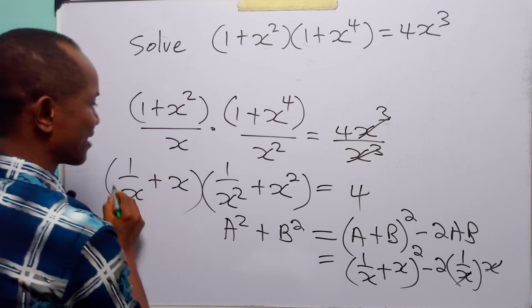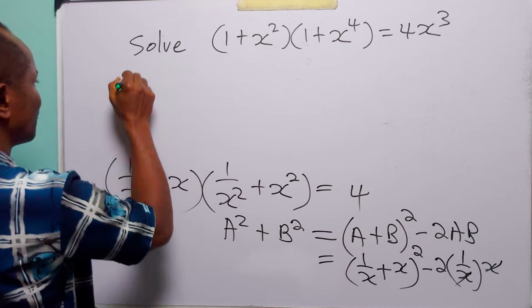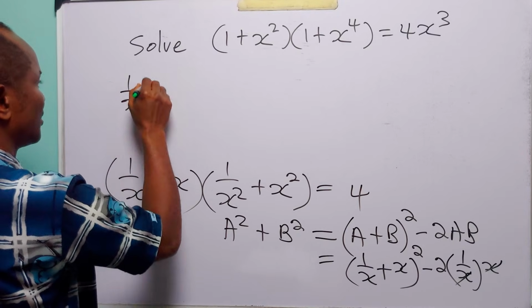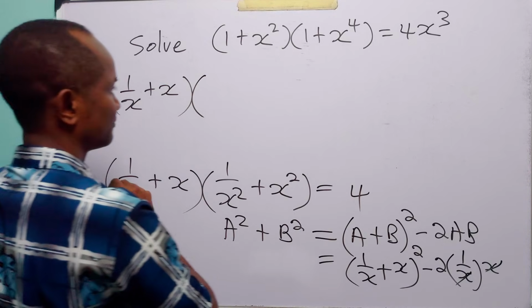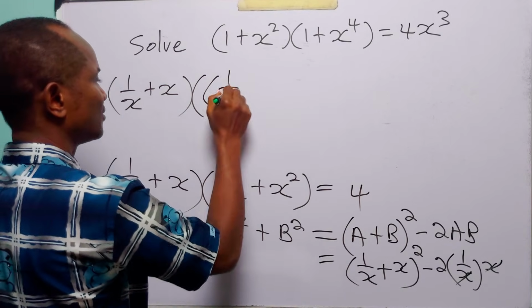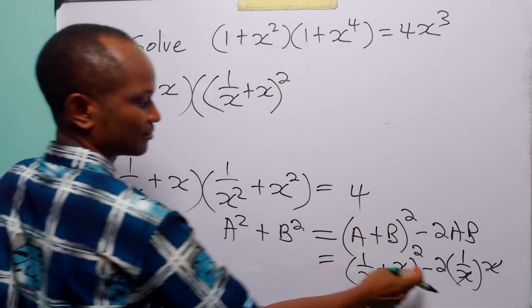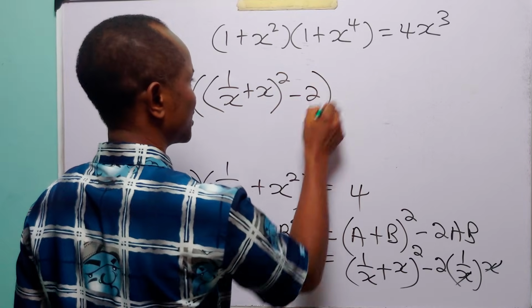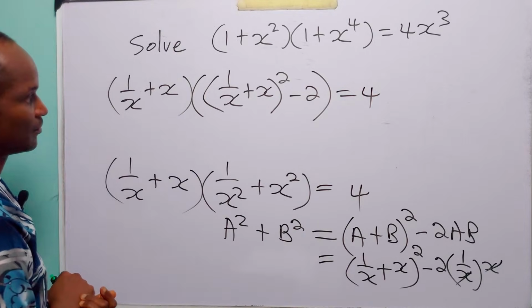So that means that we can rewrite this equation as (1 over x plus x) multiplied by ((1 over x plus x) squared minus 2). And of course, this is equal to 4.